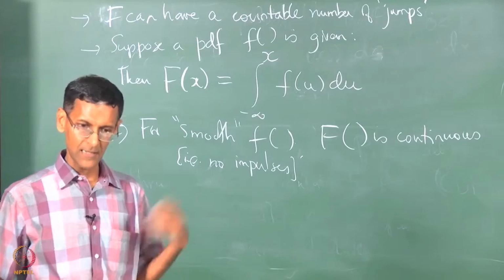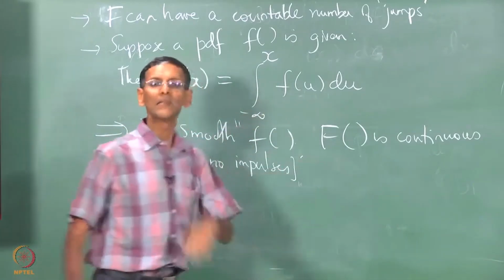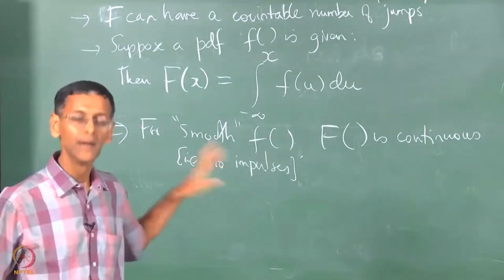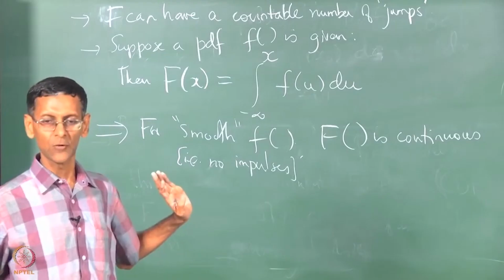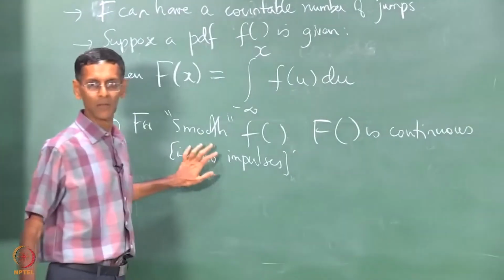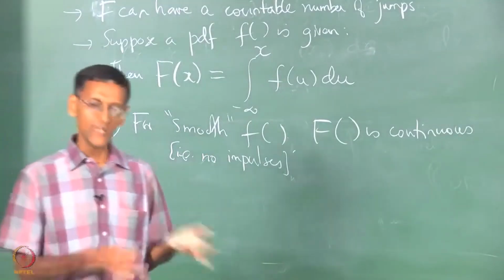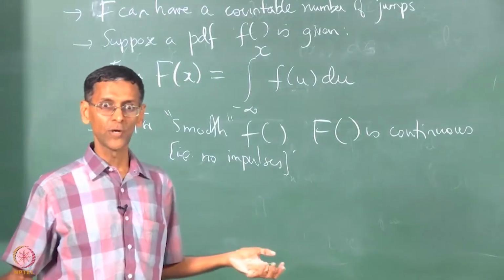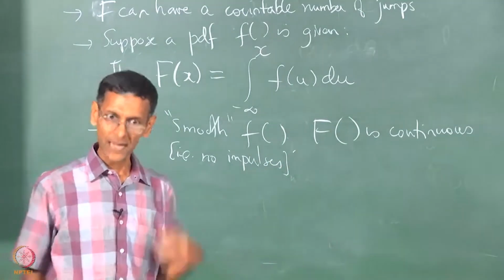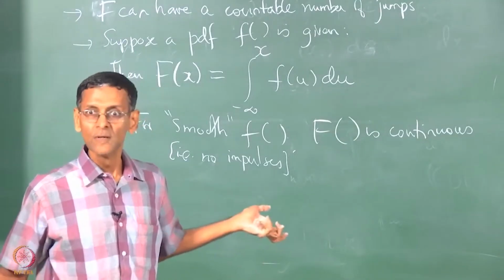So as I said some 10 minutes back, the constraint on small f is that at best what we will look at in our models will be a finite number of jumps, and that we will include in our definition of smooth. For example, 0 from minus infinity to 0, then 1 by 2 pi from 0 to 2 pi, and then 0 afterwards, that is perfectly okay, that is what we call a smooth f.